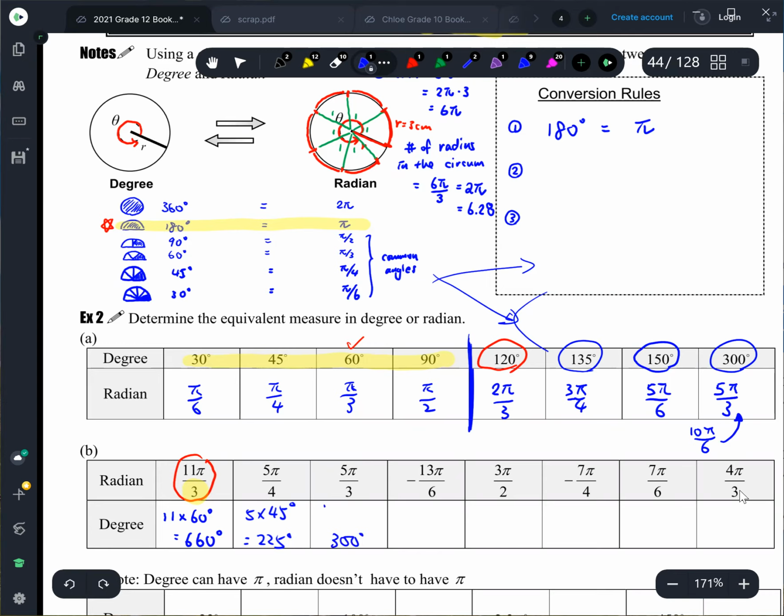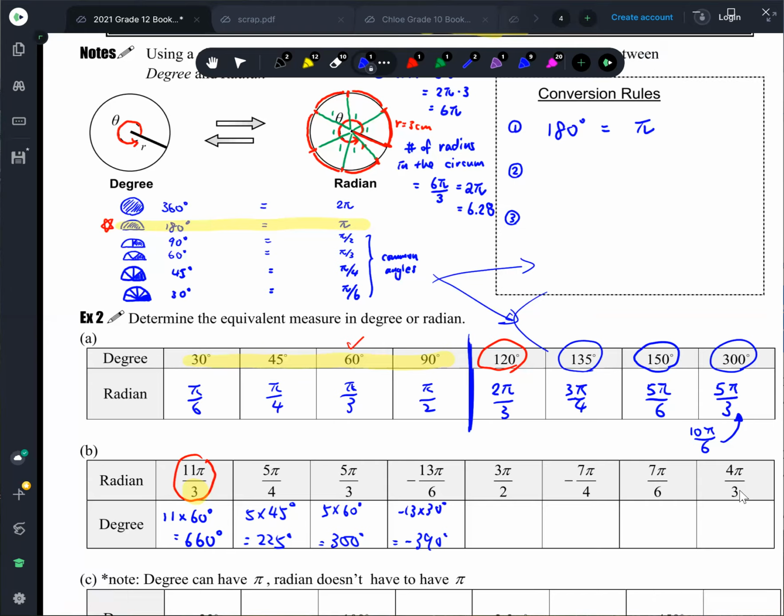I got it from multiplying 5 to 60 degrees. Yeah, the pi over 3 is a 60 degree. Okay, Eric, next one. I got negative 390 degrees because I got a negative 13 times 30 degrees. Yeah, very good.